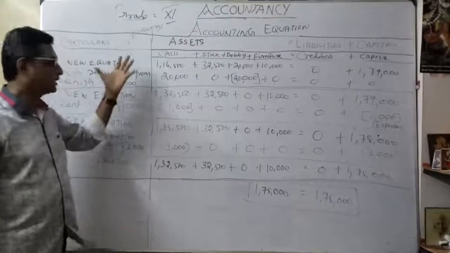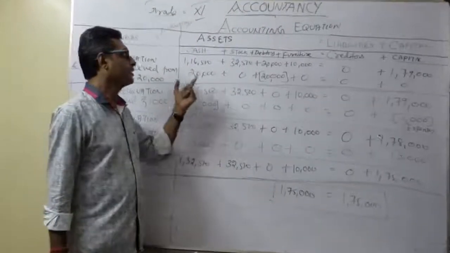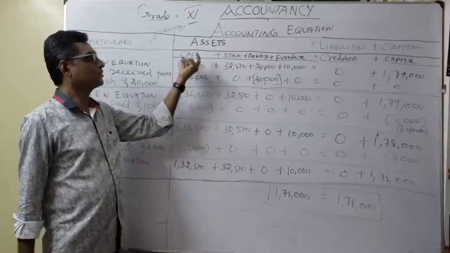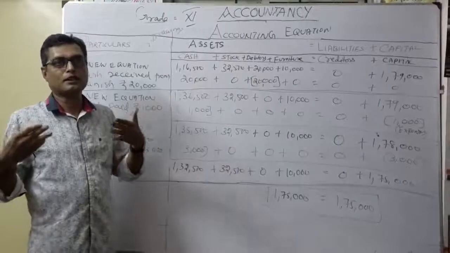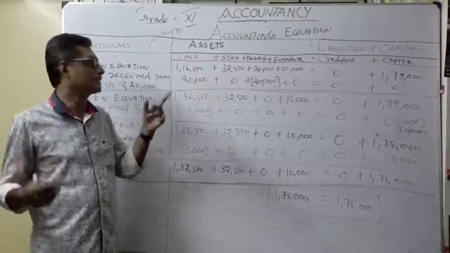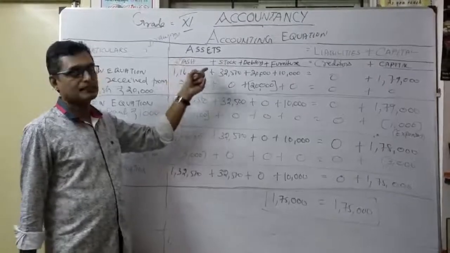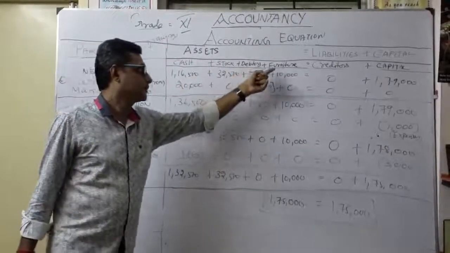So up to the equation, it's very interesting, it's very easy. The only thing you need to know is where to draw the line. Now understood why I gave the gap? Whenever assets keep increasing, you want to add like this for each and every transaction. First I wrote cash, thereafter stock, according to the transaction, thereafter debtors, thereafter furniture.